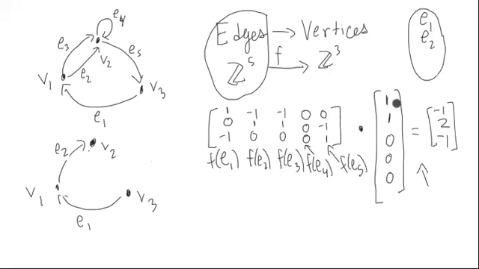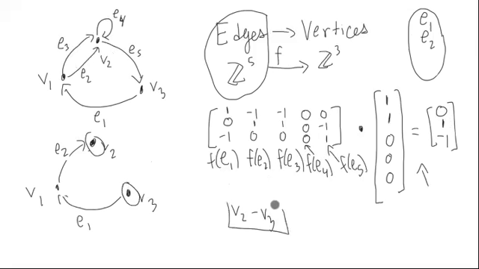Then we would end up getting 0 at V1, and V2 would have 1. So basically, the result would be V2 minus V3. Those are the ends, the final tip to the first tail.